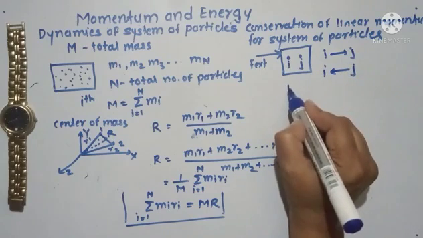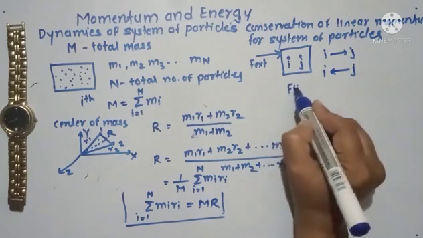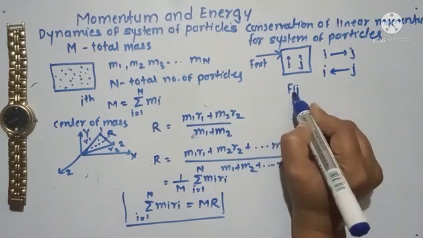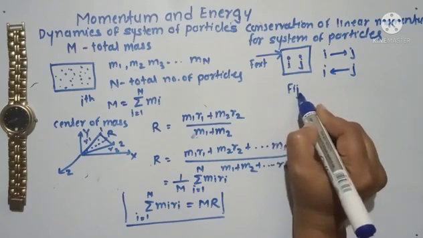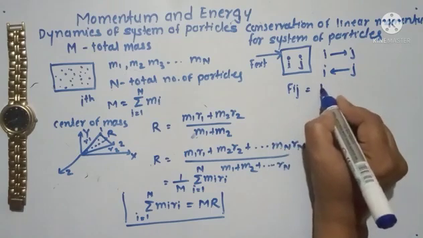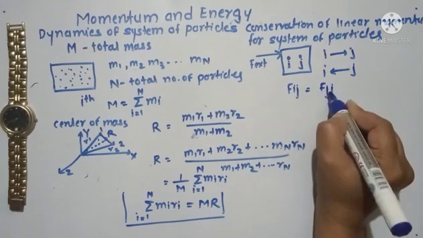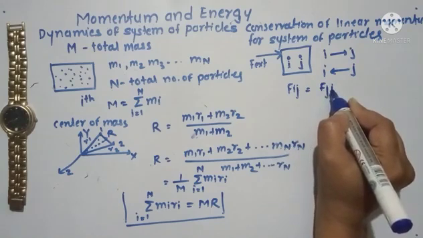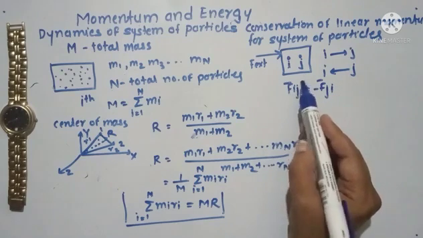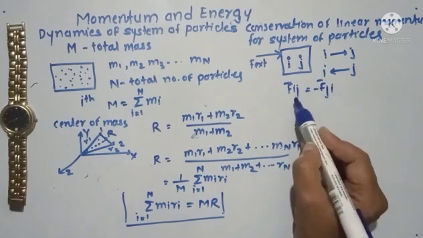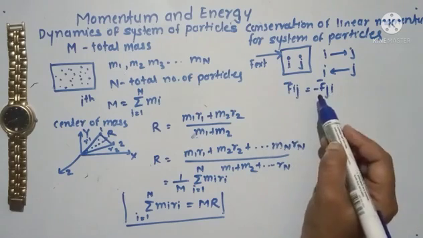So I can write this as Fij, the force applied on the ith particle by the jth particle, which is equal to minus Fji, the force applied by the jth particle on the ith particle. So the internal interaction forces are exactly equal and opposite to each other.